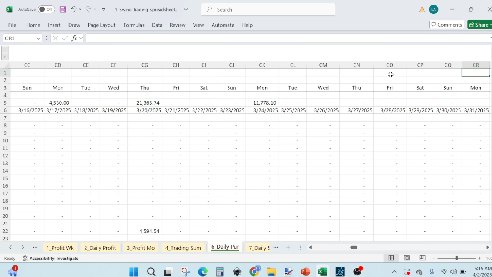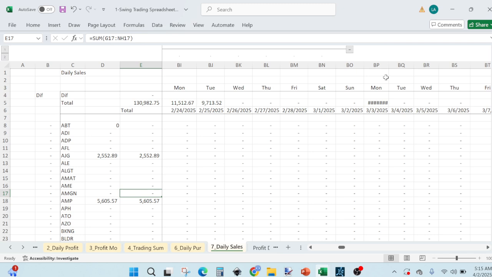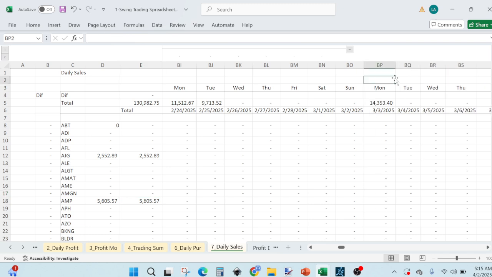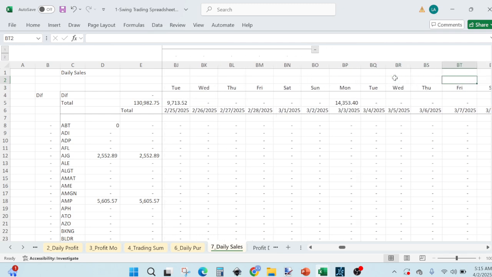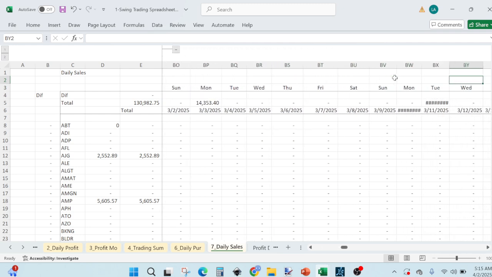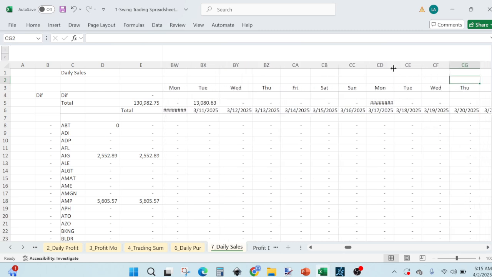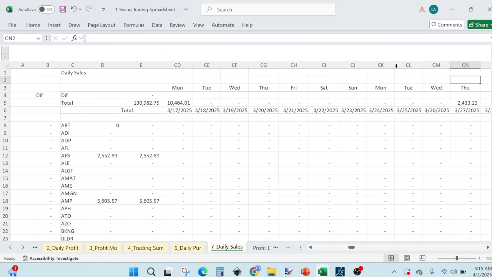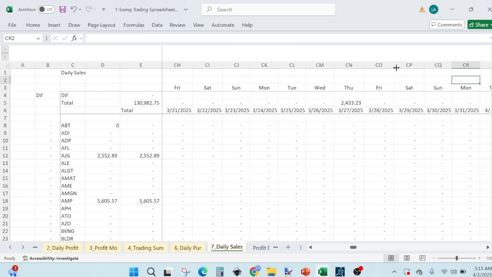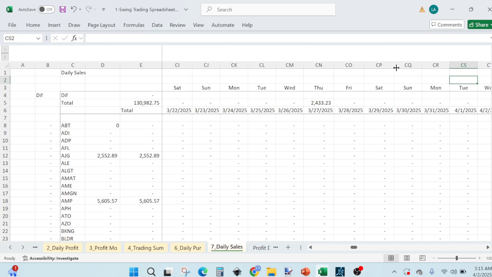So you can see that we have few purchases in March, and if you want to look at how many times we sold stocks, we did those not on a daily basis either in March. Now as you can see, yeah, very few.